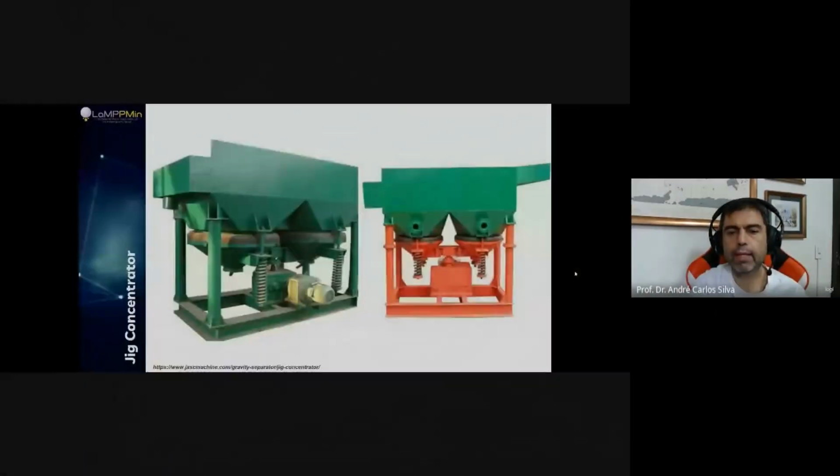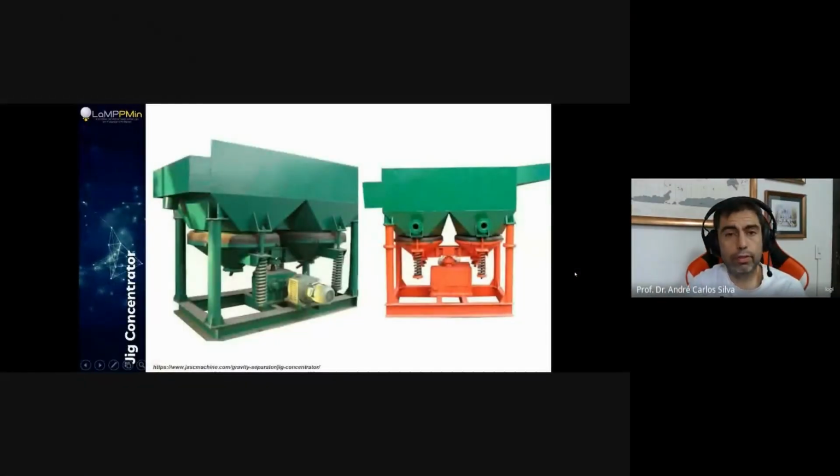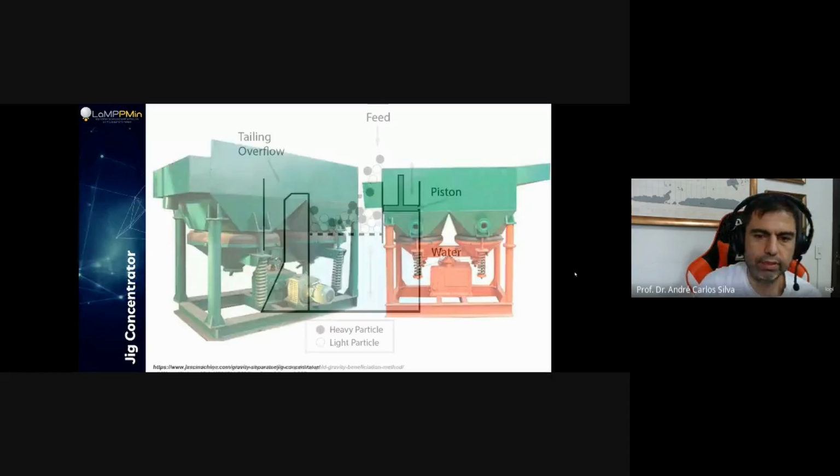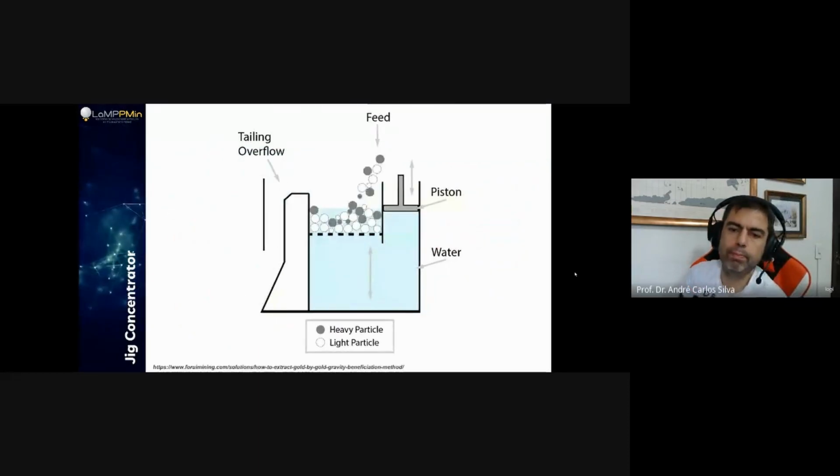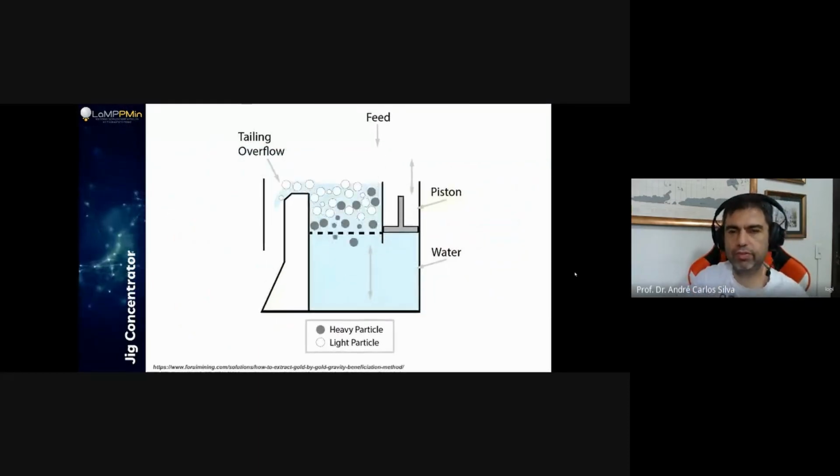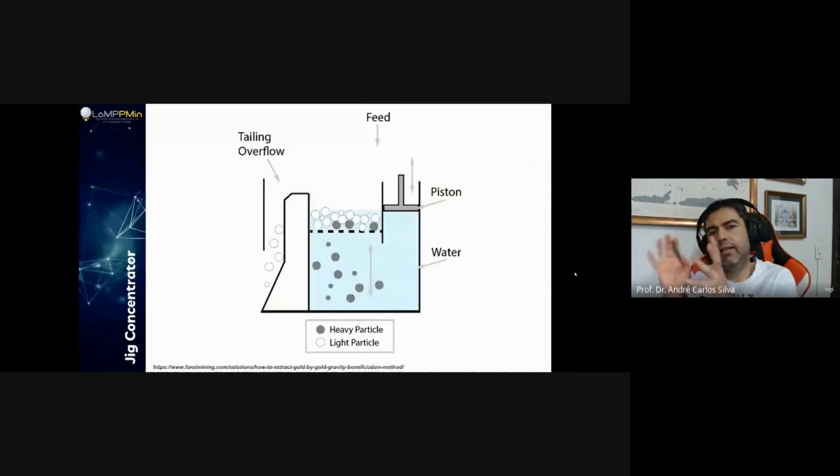Okay, so moving on to another set of machines. It's a huge family of machines. I'm going to show you in general how a jig concentrator works, and this is just one of many, as I mentioned. How do those work? We're going to try to imitate something that we have on the sea.